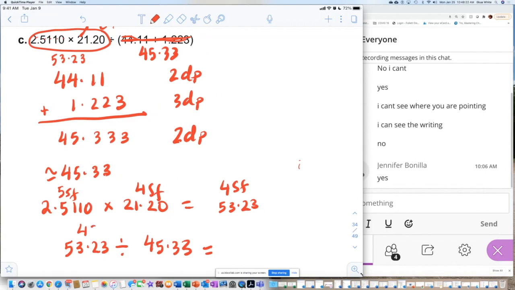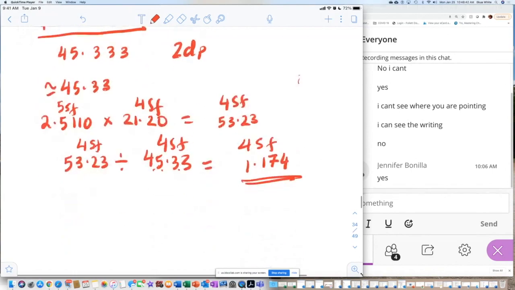Okay, I have 4 significant figures. I have now 4 significant figures. My answer will be 4 significant figures. I take my number that's in my calculator, divide by 45.33, and I get 1.174. Yep, my final answer.